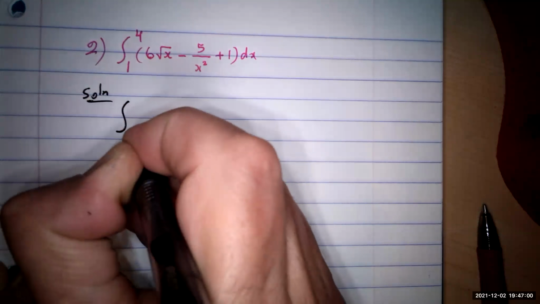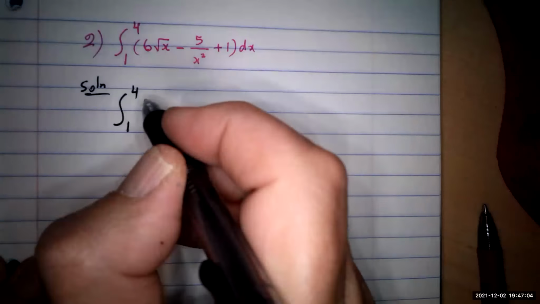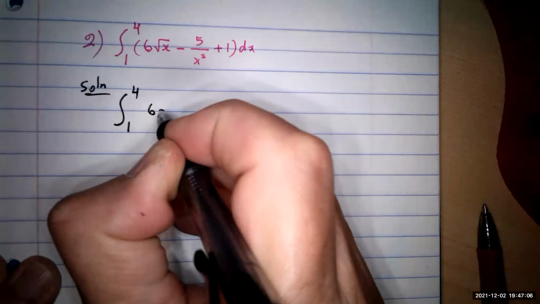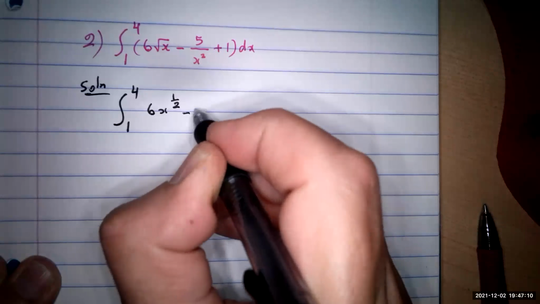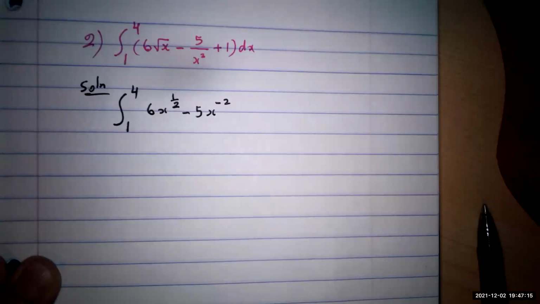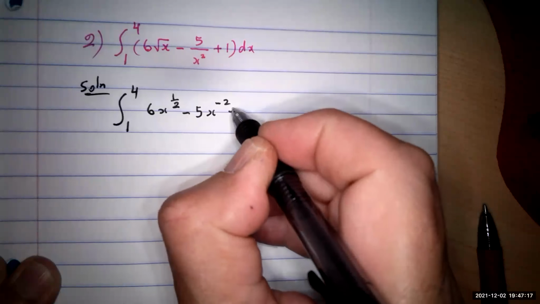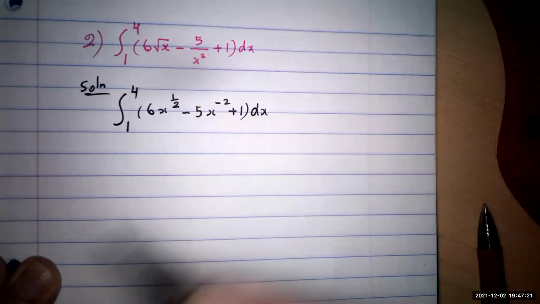We start by rewriting the integral from 1 to 4. 6 radical x would be 6x to the 1/2, minus 5x to the -2, plus 1 dx.